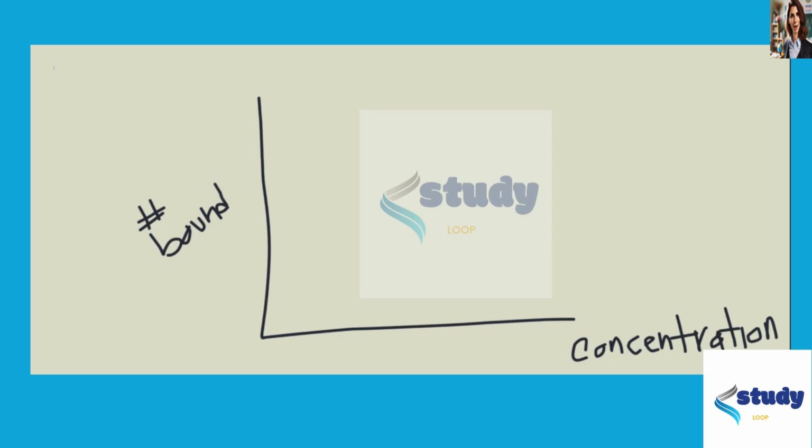Positive cooperativity has this sigmoidal shape, by sigmoidal you mean like an S shape, right? And what that implies is if you take a short distance on the x-axis in concentration, you'll see where it connects on the graph a very different, large change in the number that's bound, right?